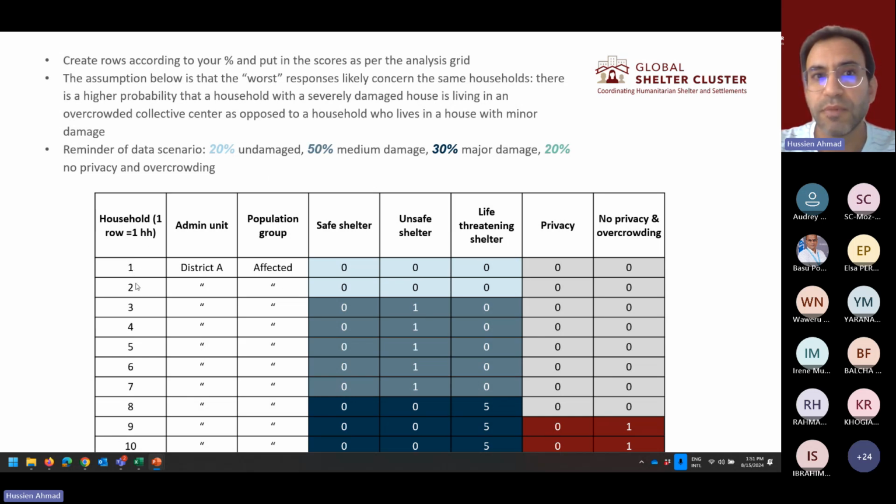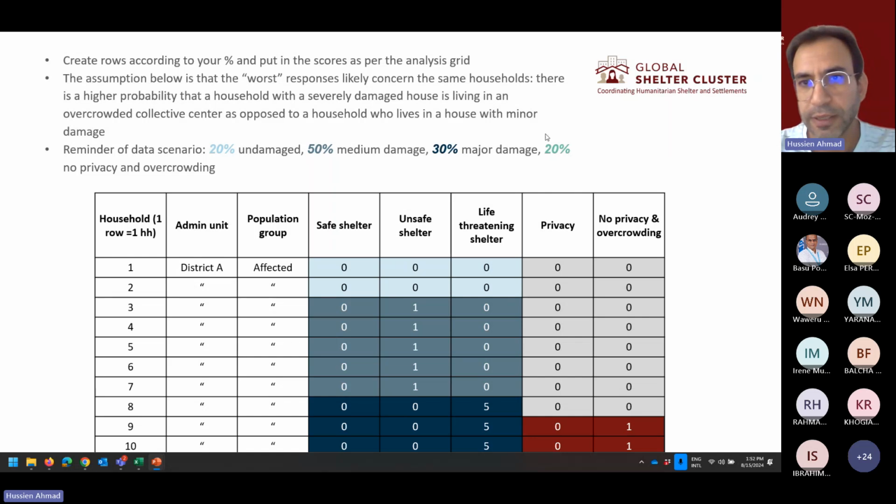2 of them reported no damage. 5 of them reported medium damage, and 3 of them reported major damage, as you can see. Then we have the 20% with no privacy or overcrowding. We put all the issues at the same level.